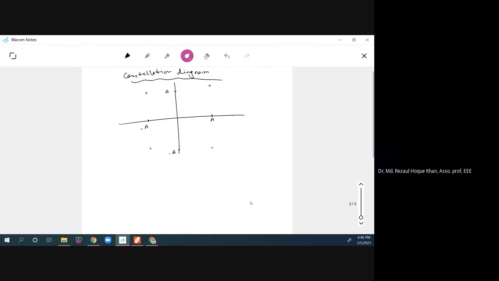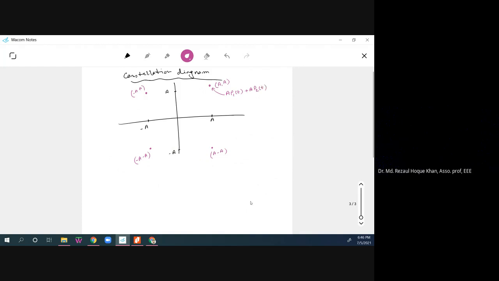This one is denoted by a, a. This is minus a. Each point we can give a name. So this will be a p1t plus a p2t.